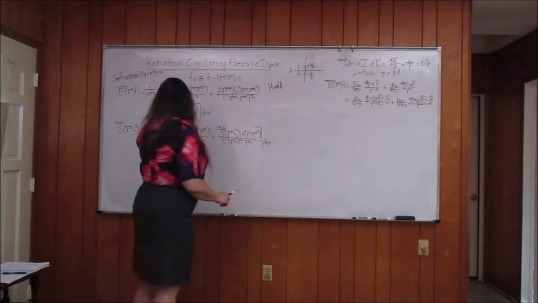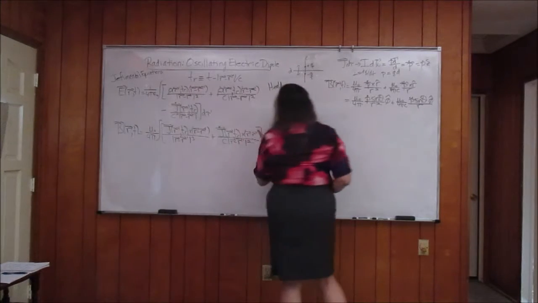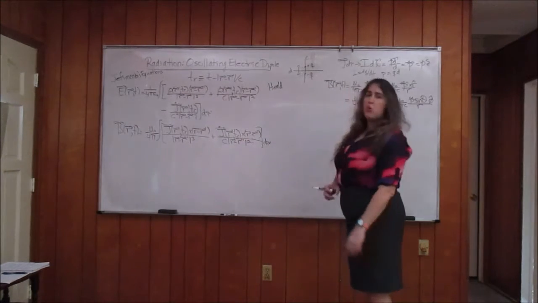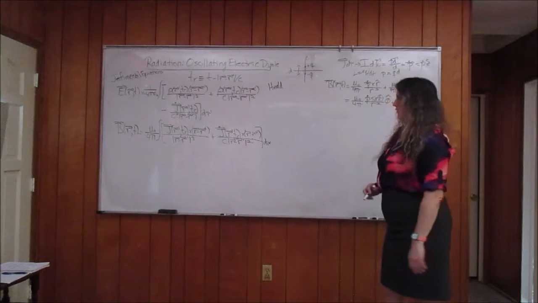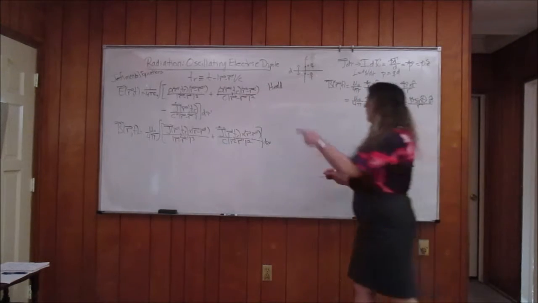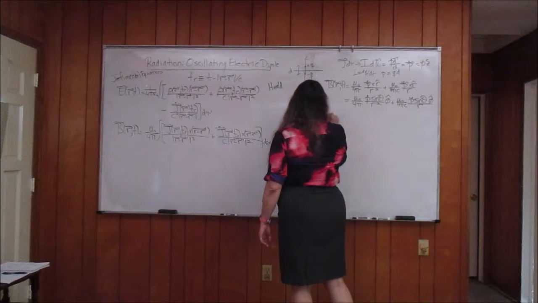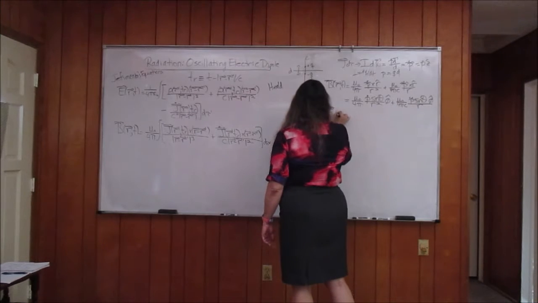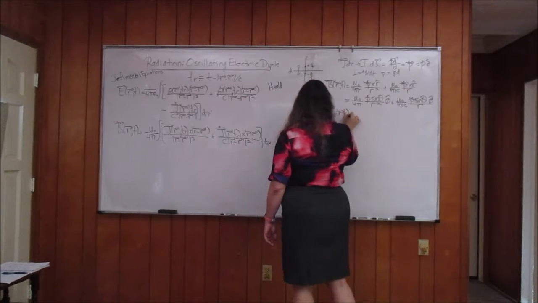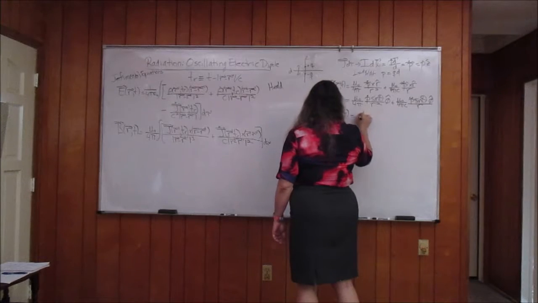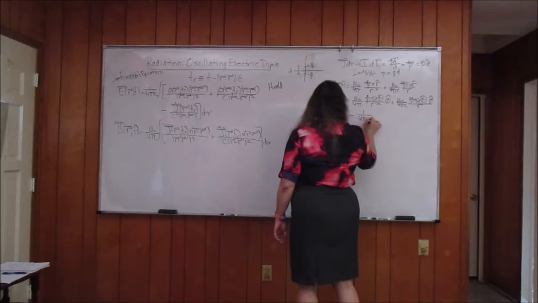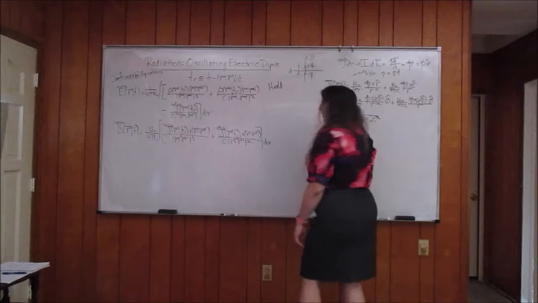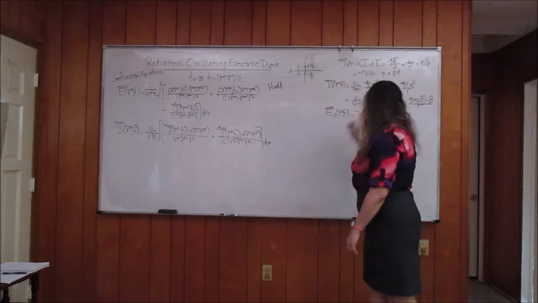Now, if I look over at the electric field, I see that I've got exactly one term that has volume current density in it. So let me go ahead and evaluate that, and I'll call that E3. And that'll be a minus sign out front.